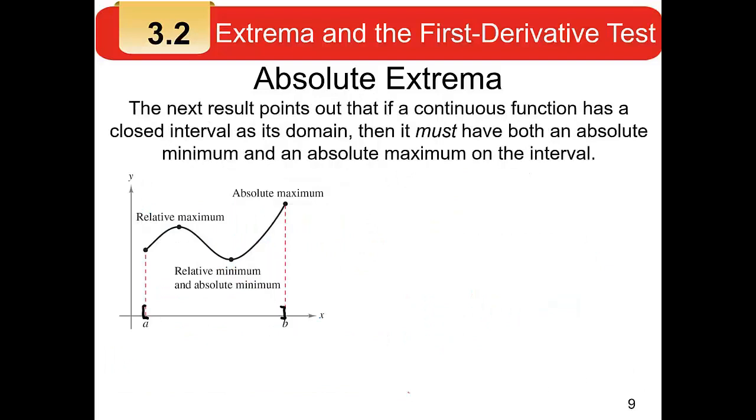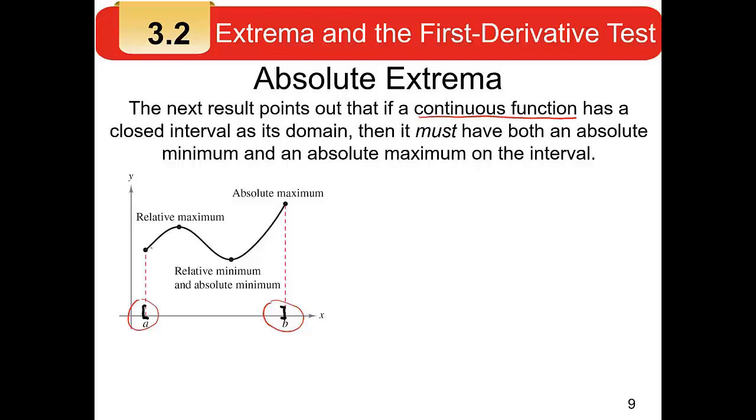This next result points out that if a continuous function has a closed interval as its domain, and I put brackets here just to emphasize that's a closed interval, then it must have both an absolute minimum and an absolute maximum. And the key thing here is it's a continuous function. So it's like a piece of string or a rope that's not been cut. If you take a piece of rope and lay it out on the floor, and you can make it wiggle any way you want to, but if you lay it out and create an XY axis where it sits, then there is going to be an absolute highest point and an absolute lowest point in the way you set it up.